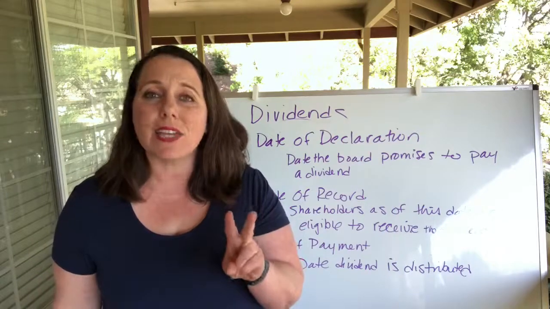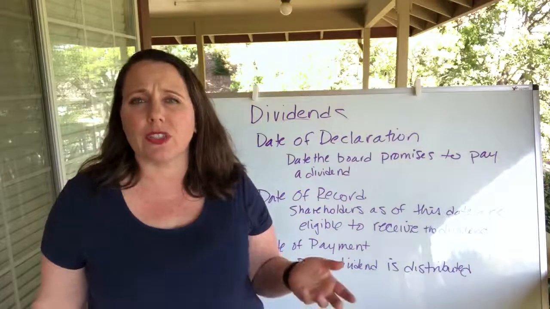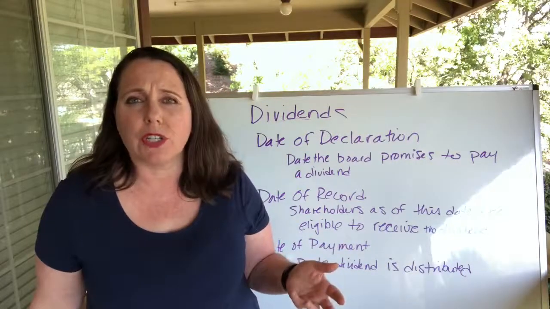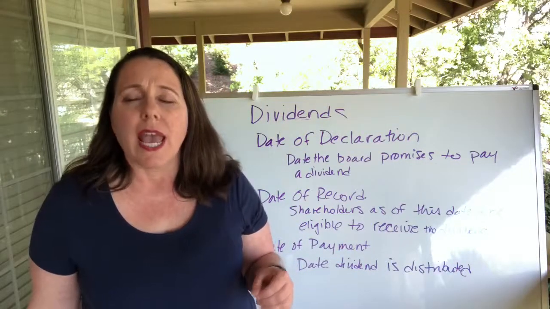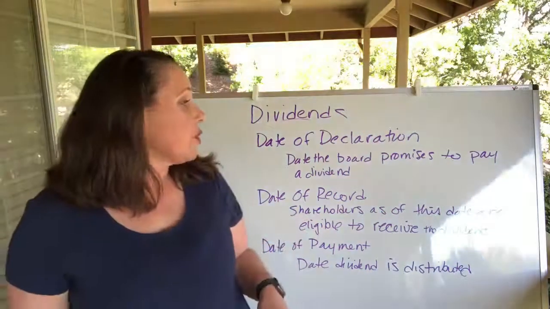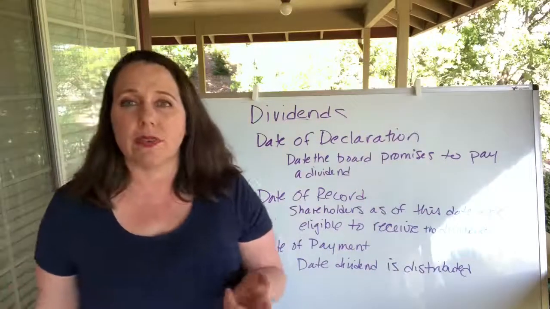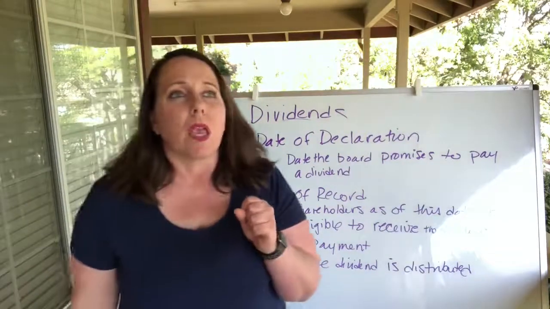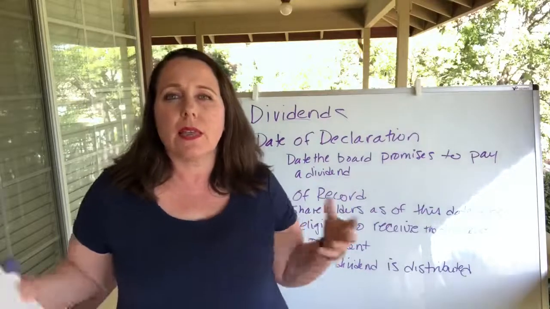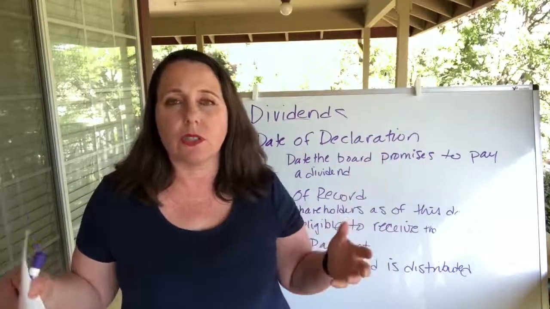The second date you need to know is the date of record. The date of record is usually a few days, maybe a week or 2 after the date of declaration. And this is the date whereby all of the shareholders, as of this date, are eligible to receive a dividend. And the reason is, think about a big company like Amazon, and they've got zillions of shareholders.